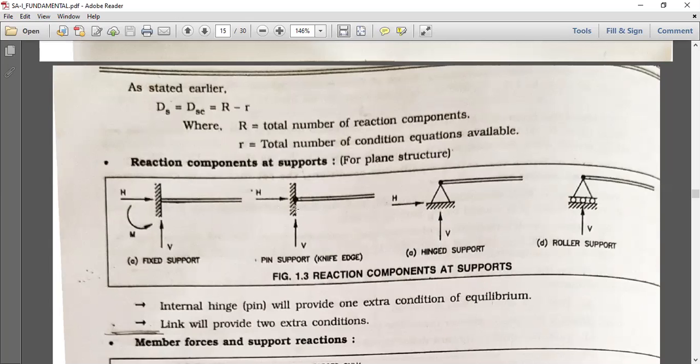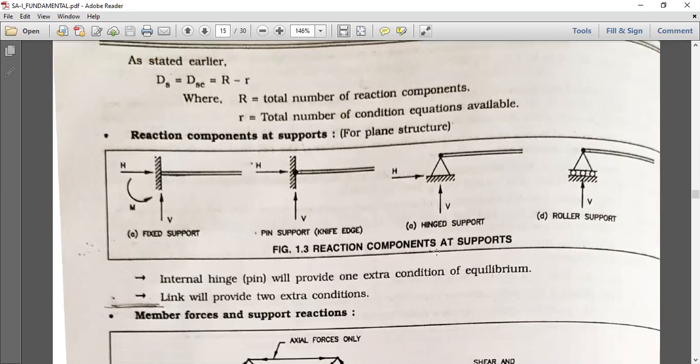In the case of pin support, there are only two reactions, horizontal and vertical. For hinge support, similar, there are two, and roller support, only vertical reaction.